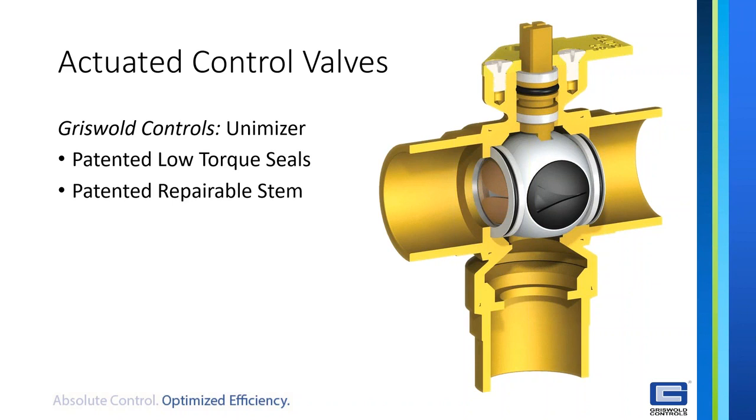Well, with our stem being repairable, we get rid of the risk of having to replace a valve every time there's a leak. Having said that, because it's so robust, we haven't seen any stem kits being sold except as spare parts that are being stuck on someone's shelf and probably forgotten. So that is the two other patented items in our actuated valve, and we'll relook at those when we see them come into play in the other product lines that we have.